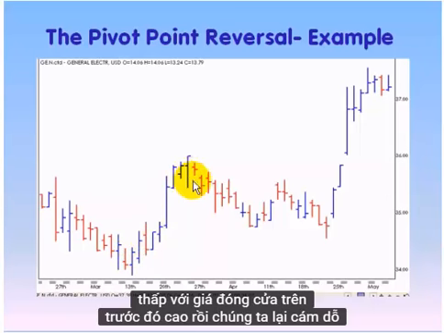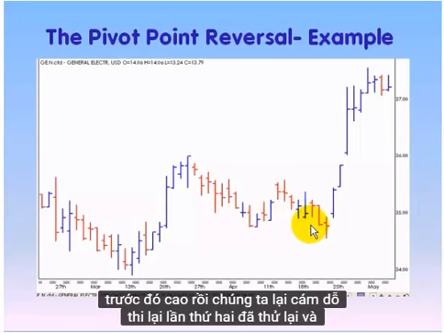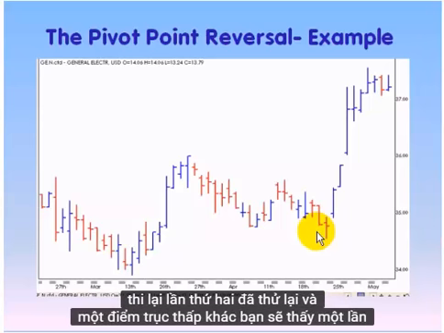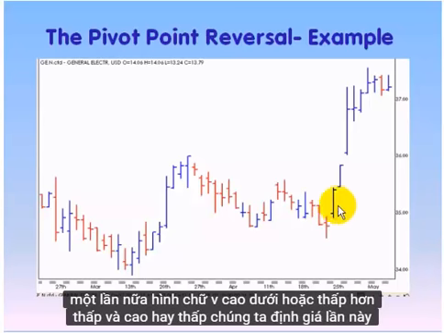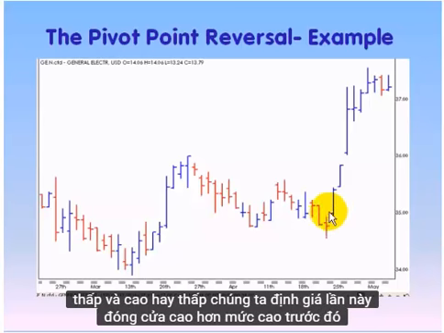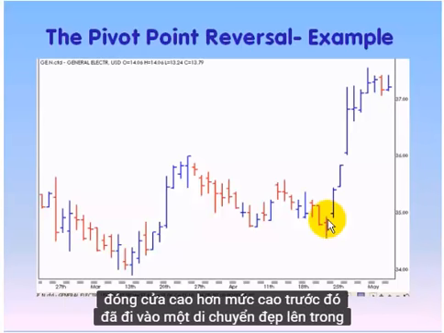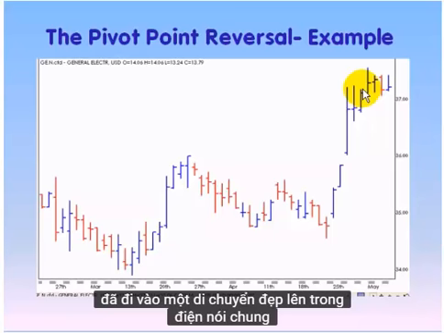Then again we have attempted retest, second attempted retest, and another pivot point low. You'll see once again V-shaped bottom, higher low, lower low, and higher low, with price this time closing well above the previous high, leading to a beautiful move up within General Electric.